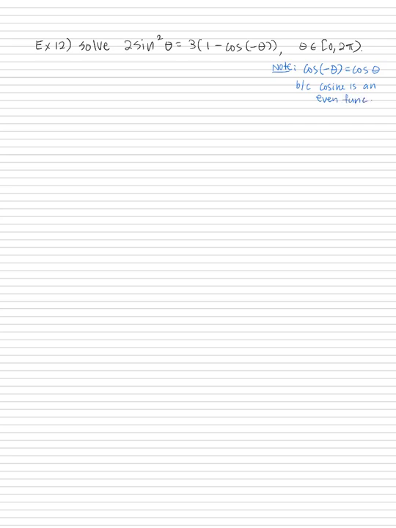Let me use that property to rewrite this. Now we have 2 sine squared of theta equals 3 times (1 minus cosine of theta). It looks a little bit prettier. Now let me distribute the 3.